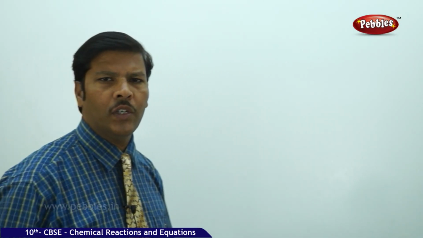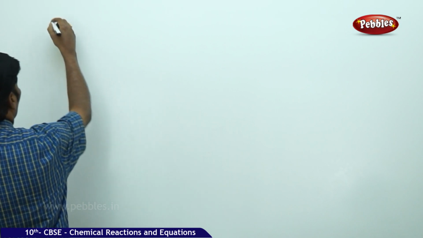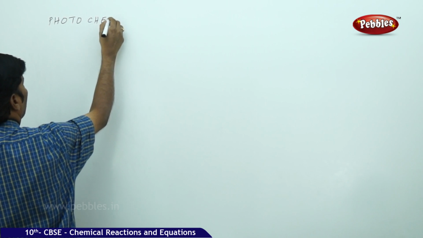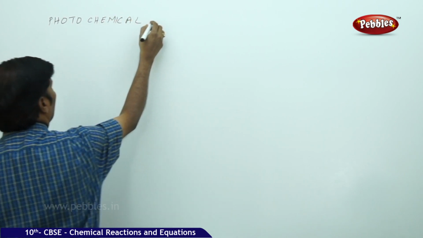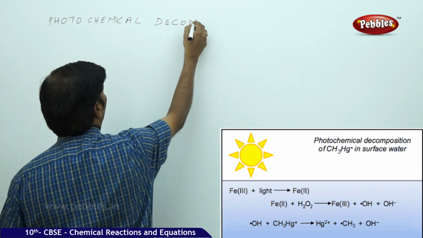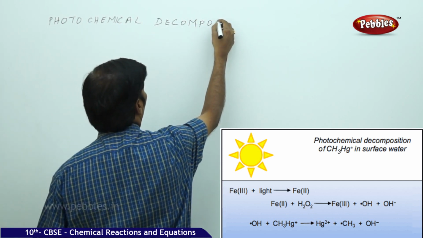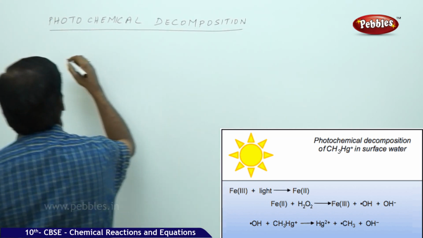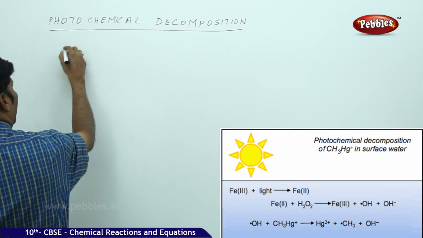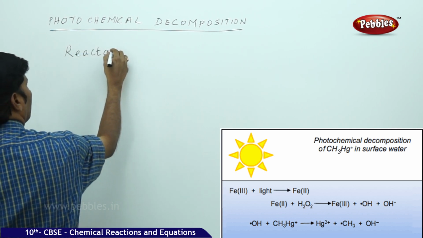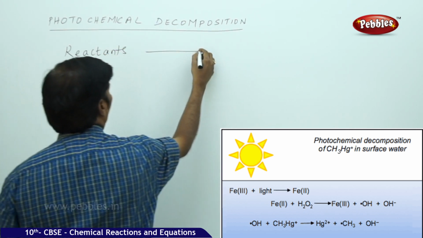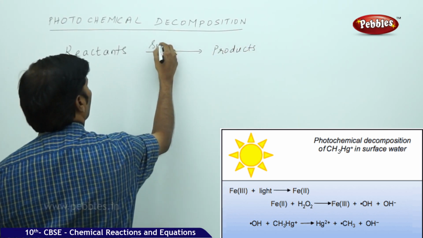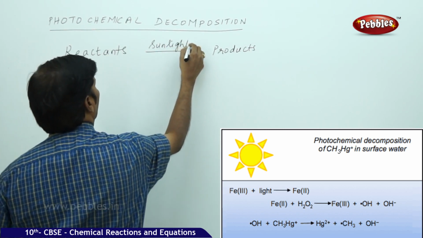The next part of the discussion here is photochemical decomposition. In photochemical decomposition, reactants get converted to products in the presence of sunlight.